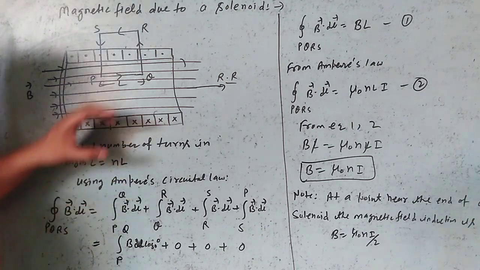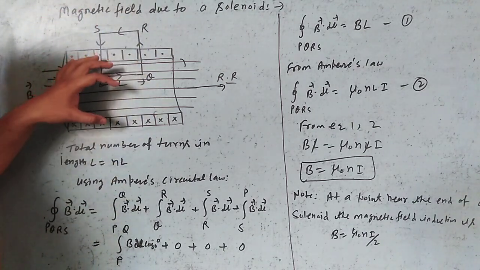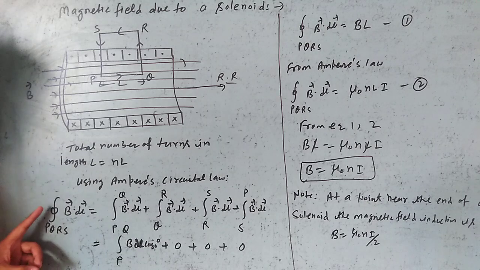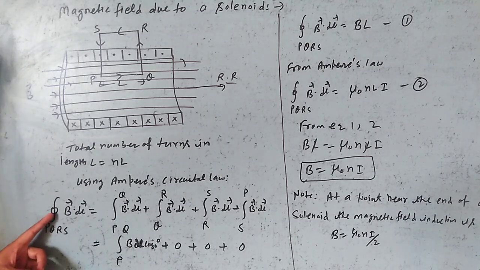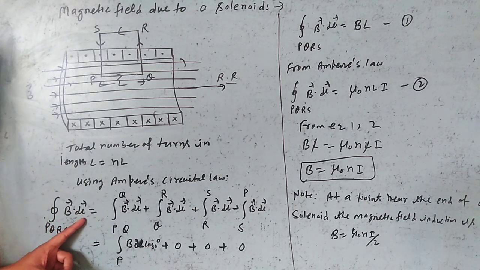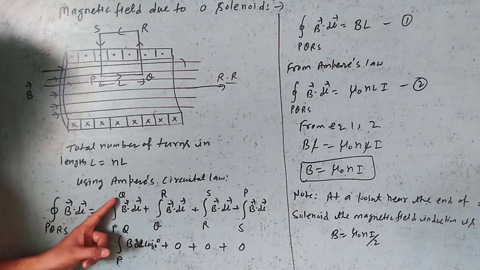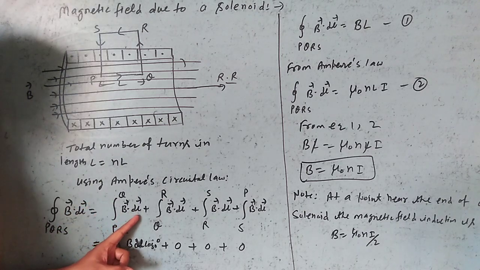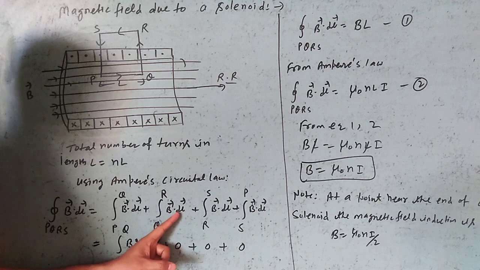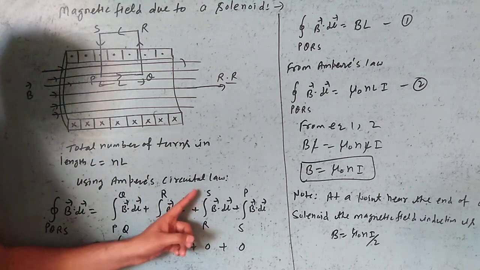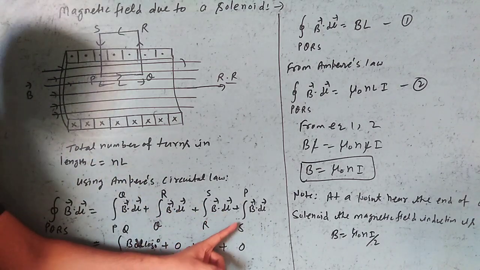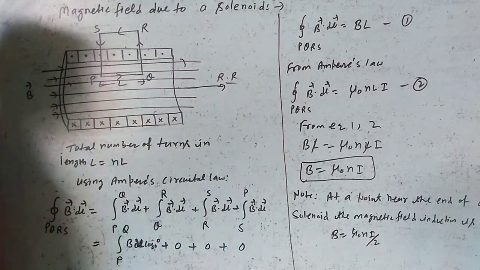Now using Ampere's circuital law for the complete loop PQRS, the closed integral of B vector dot dL vector equals the integral from P to Q of B dot dL, plus Q to R of B dot dL, plus R to S of B dot dL, plus S to P of B dot dL.